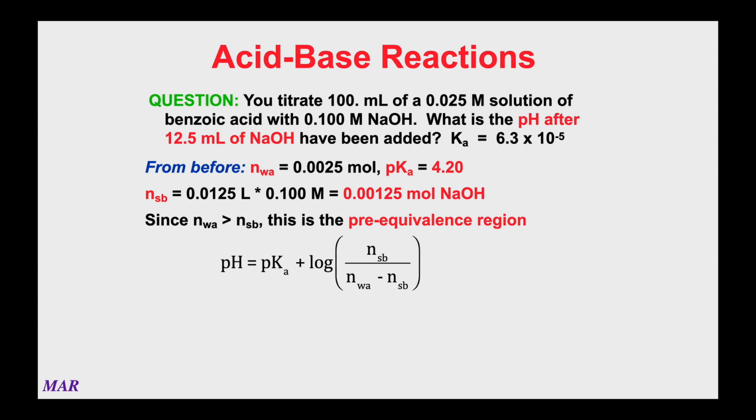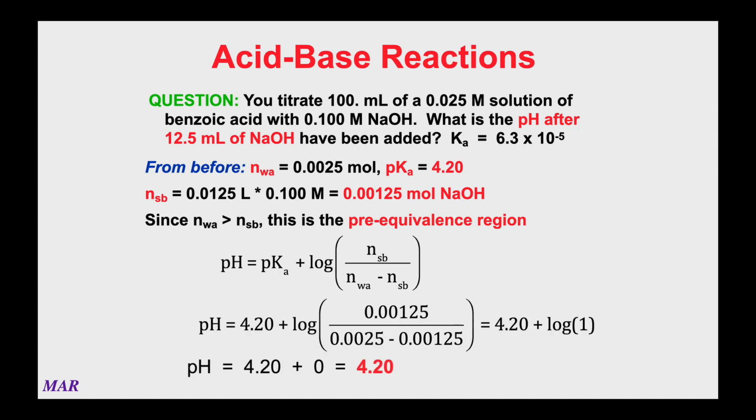We're going to use the same equation, but if you pump all those numbers in, notice how the denominator of the log part, 0.0025 minus 0.00125, comes out to be 0.00125. So you have 0.00125 on top, 0.00125 left over on the bottom. That's a log of 1.